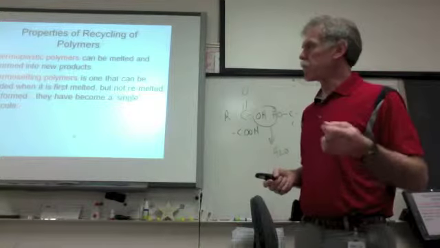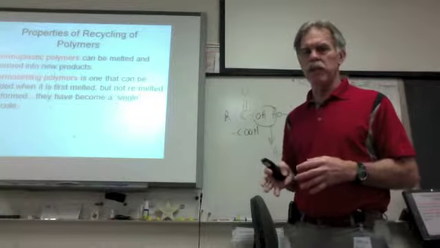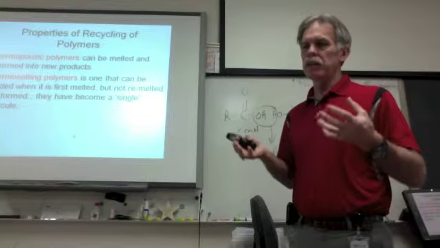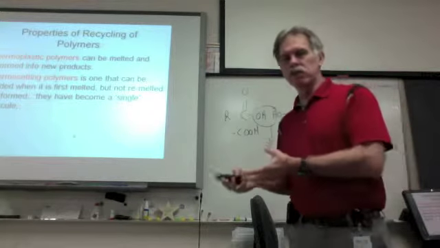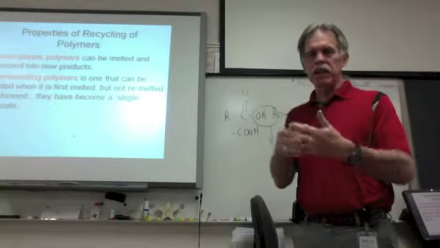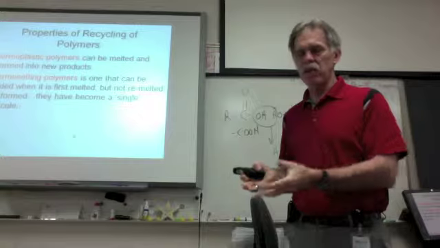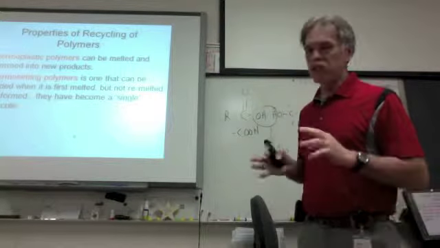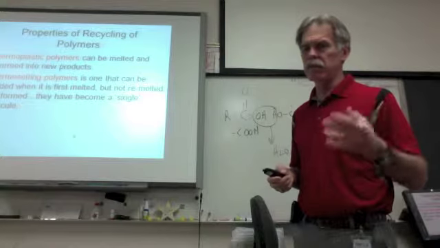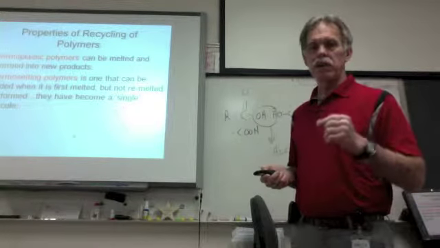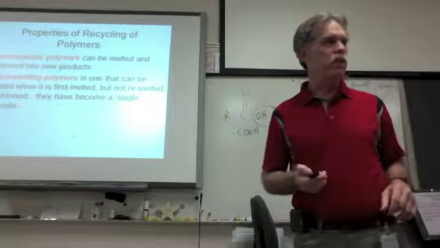We also have thermosetting polymers, which we really can't use again, because when you melt them, they don't melt into new things because they're all one molecule. It just degrades or destroys the molecule and ends up being kind of a burnt plastic mess. You can chop them into pieces and recycle them for some uses like packing material, and you should know the difference in those two types of polymers.